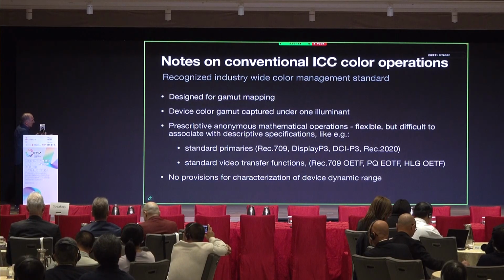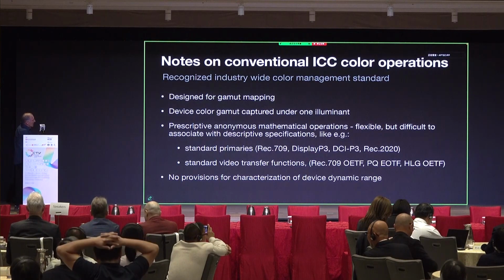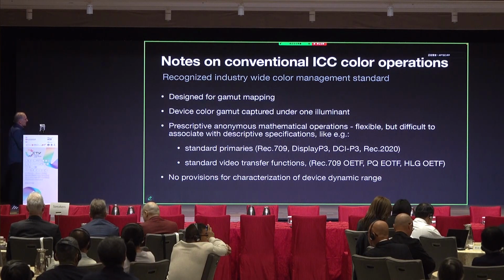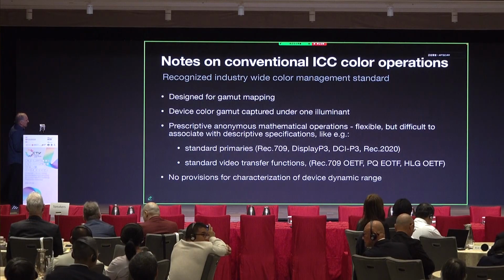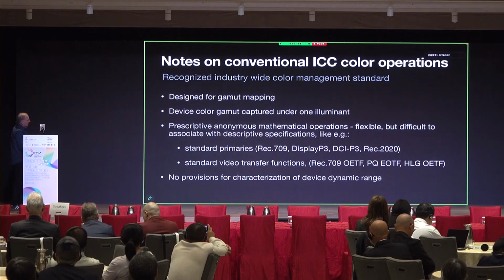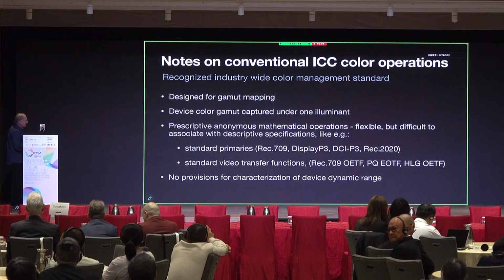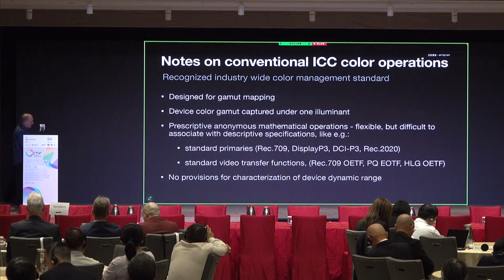It is important in terms of how we are preparing the data or processing for connecting profiles in the profile connection space. Everything is chromatically adapted to D50. But also, it is a specific model in which the operations are kind of anonymous.